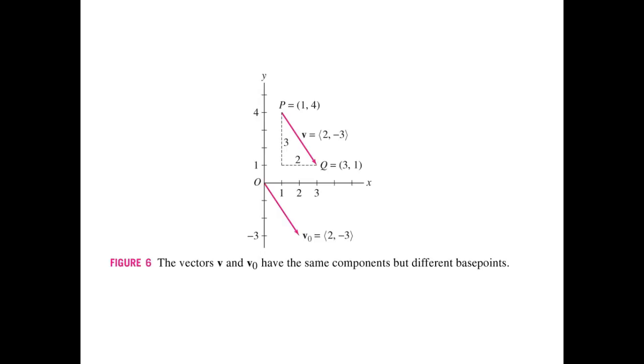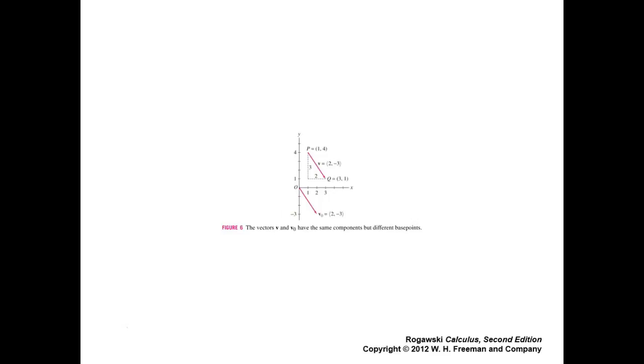Okay, here's example 2. Sketch the vector V is 2, and by the way, let me get the vector notation down here. Well, they have it. They almost have it. Now I can hit these.